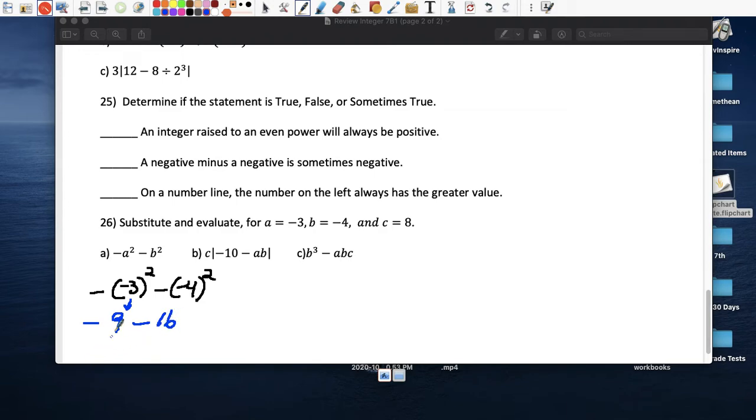So that becomes negative 9 minus 16, which you may want to change to an addition problem. Final answer, negative 25. Like I said, I can't force you to change this subtraction to an addition problem. I didn't grow up doing this part. We didn't change subtraction problems to addition problems. We just knew that that was negative 25.